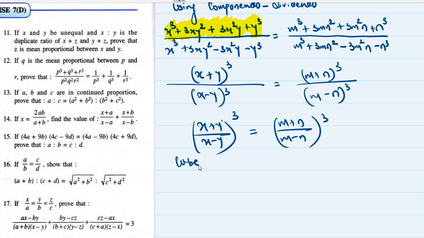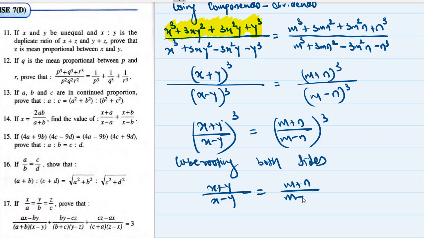So cube rooting both sides, you get x plus y upon x minus y is equal to m plus n upon m minus n.